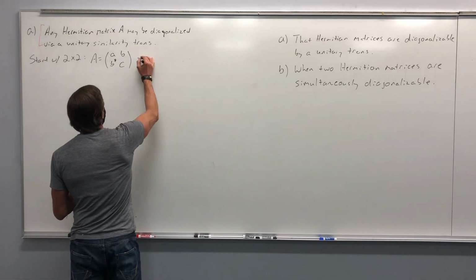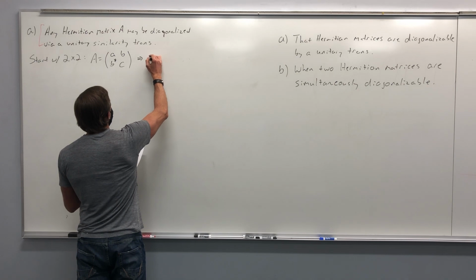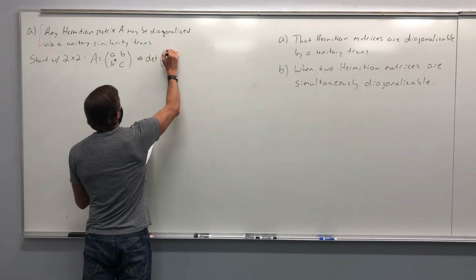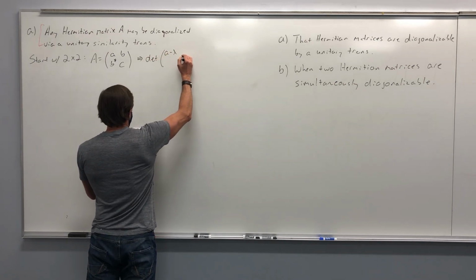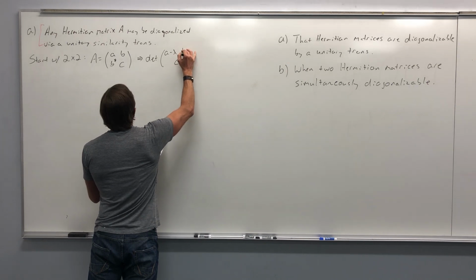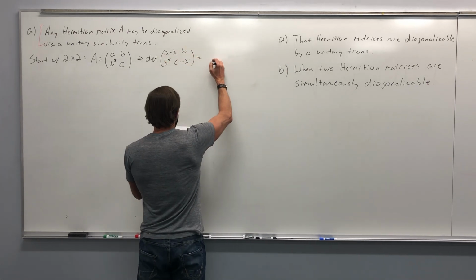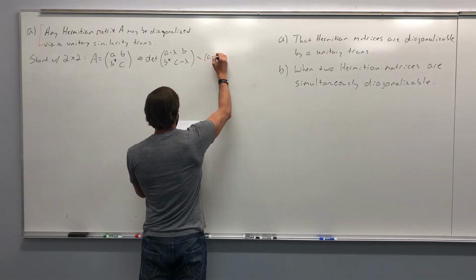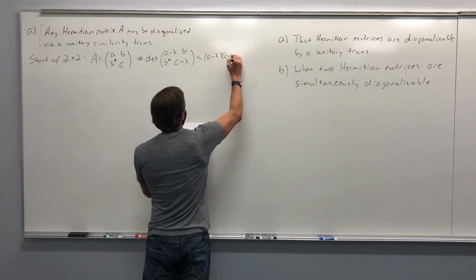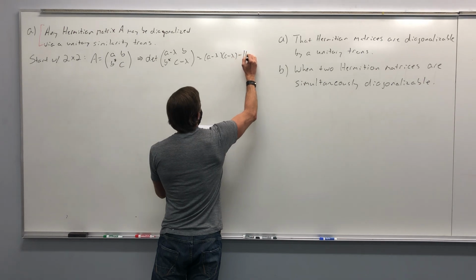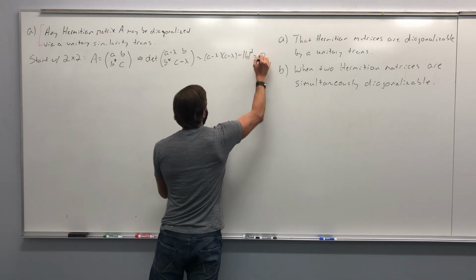All right, and then going very quickly through the analysis to find the eigenvalues: the matrix A minus lambda, C minus lambda, B, B star. This ends up giving me (A minus lambda)(C minus lambda) minus B squared equals 0.